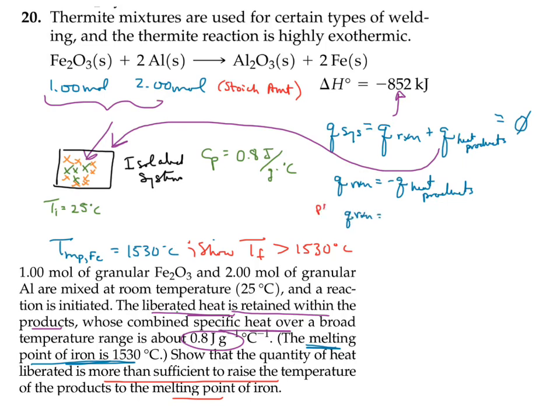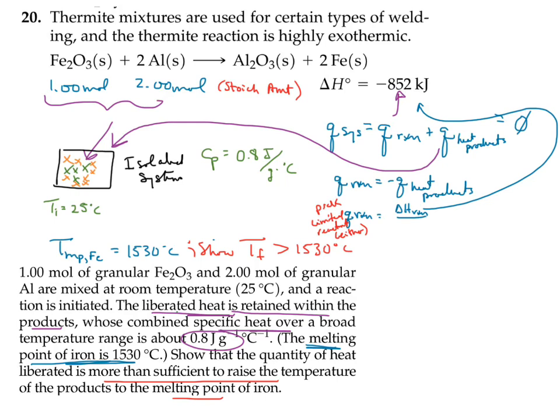So you have the enthalpy of reaction, negative 852 kilojoules of energy. Remember, like we talked about with Hess's law, that energy is associated with this specific balanced equation. So that amount of energy will be released if you react 1 mole of Fe2O3 with 2 moles of aluminum.